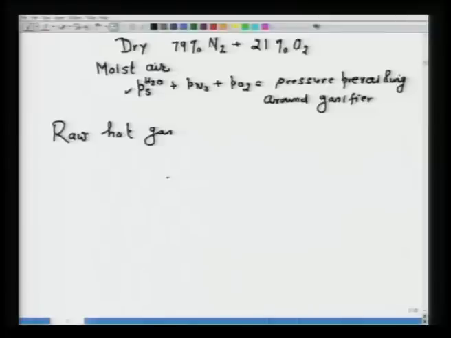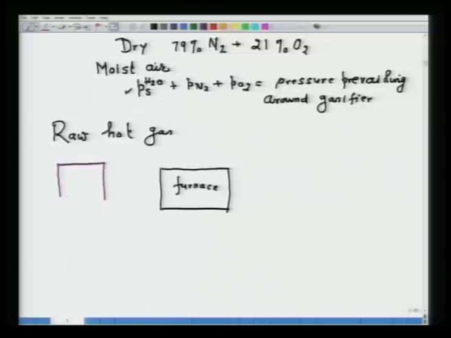That means, if this is a furnace and I put one gasifier here, I can connect the output of the gasifier with an insulated pipe to the furnace, and I am using the gas which is produced from the gasifier.